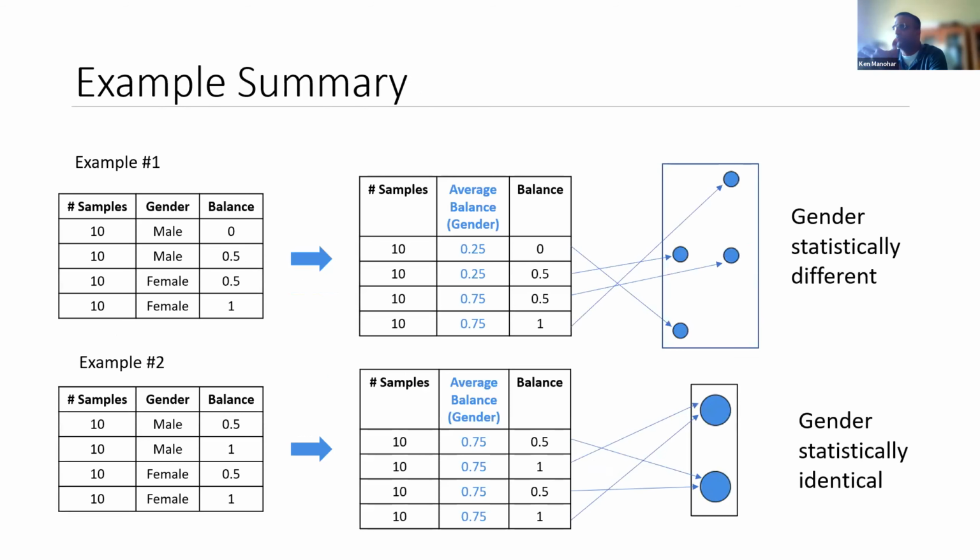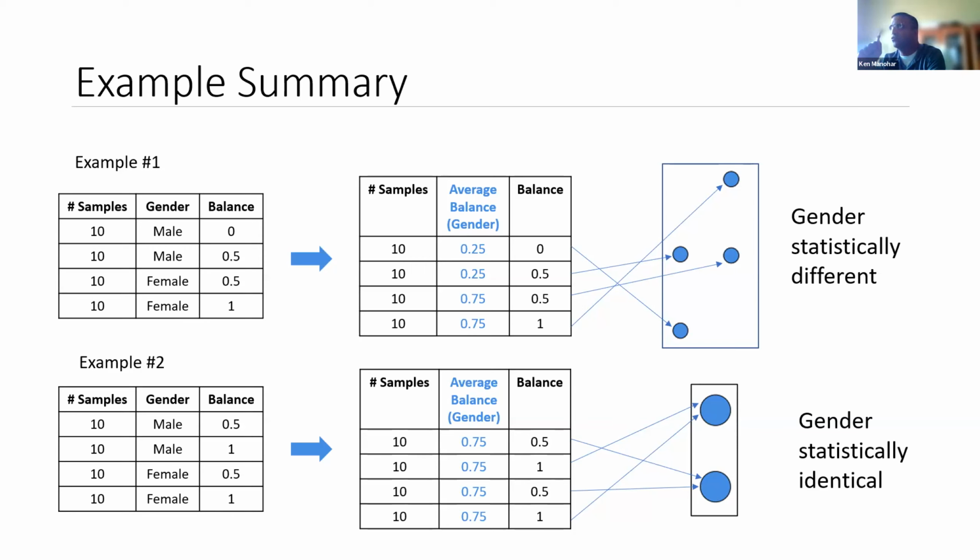All right, so just to summarize the example, so you see it side by side. What we have done is we have scaled the gender feature and transformed the values, and those represent our new distance metrics. So in example 1, where gender was statistically different, meaning that male and female had some influence on their balance, it still resulted in the 4 clusters.